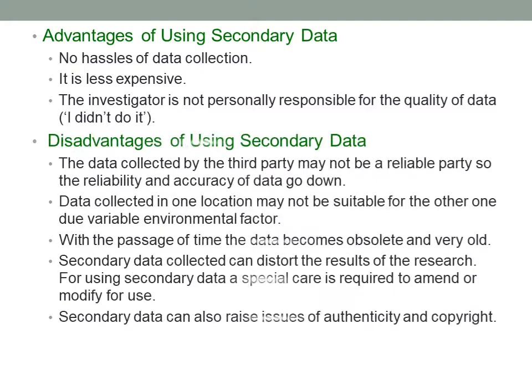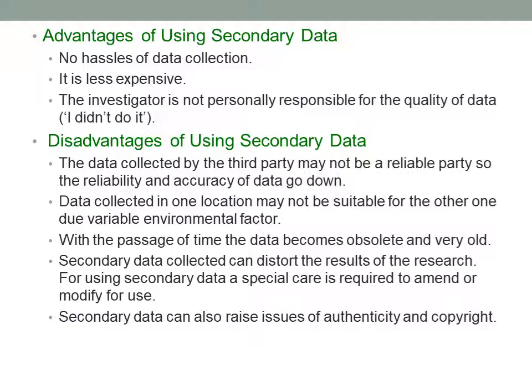In the case of disadvantages, the data is always collected by a third party, not by ourselves, right? So when you collect the data for yourself, your data will be reliable; you can assure that the variables are in a controlled manner.